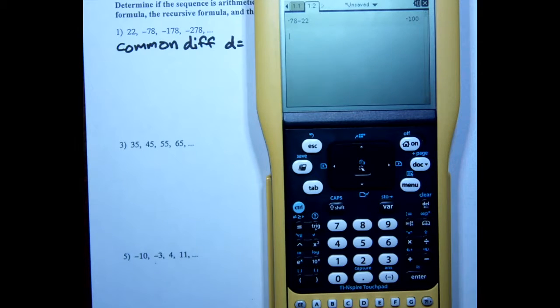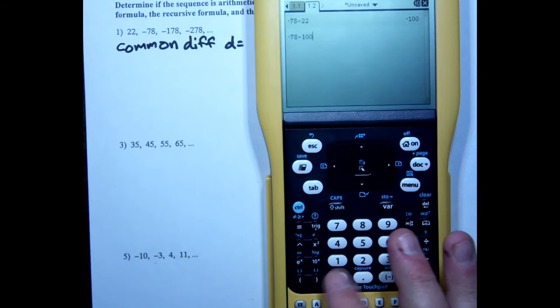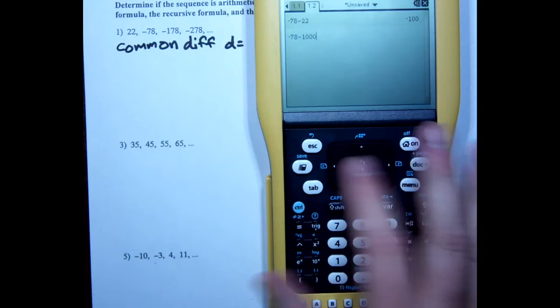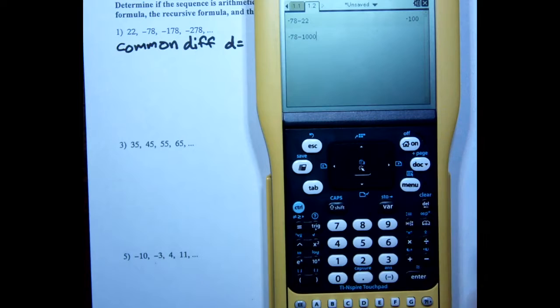So now to test that theory, I'm going to say negative 78, which is the second term, and if I subtract 100 from it, oops, I did one too many. Let me go back one. If I subtract 100 from it, I should get negative 178, and I do.